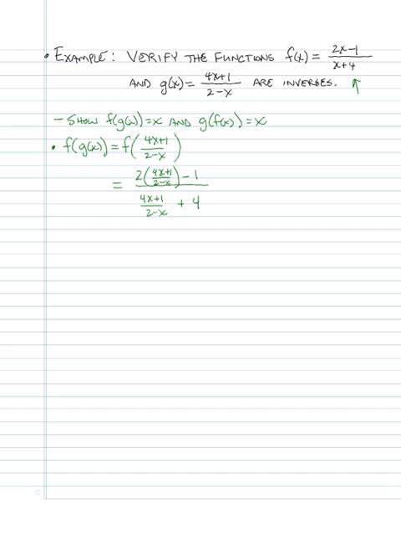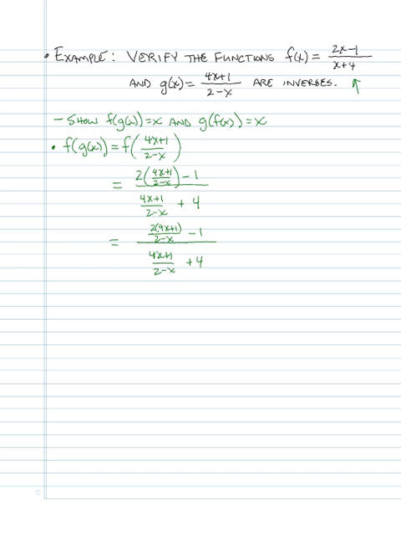Let's see then what we would do. Of course, in that numerator, we would multiply the fraction by the 2, so we would have 2 times (4x plus 1) over (2 minus x), and then we'd have this minus 1. In the denominator, we still have (4x plus 1) over (2 minus x) plus a 4.